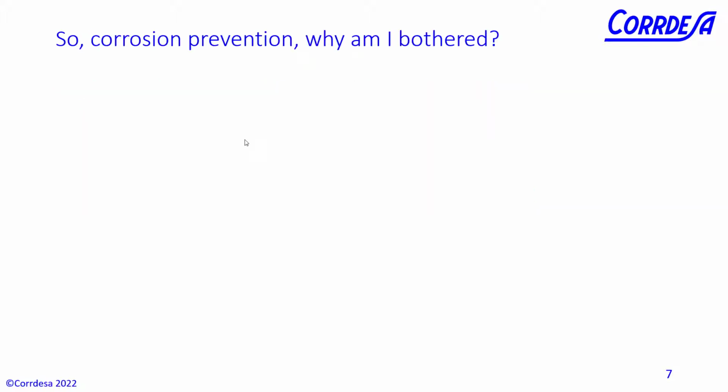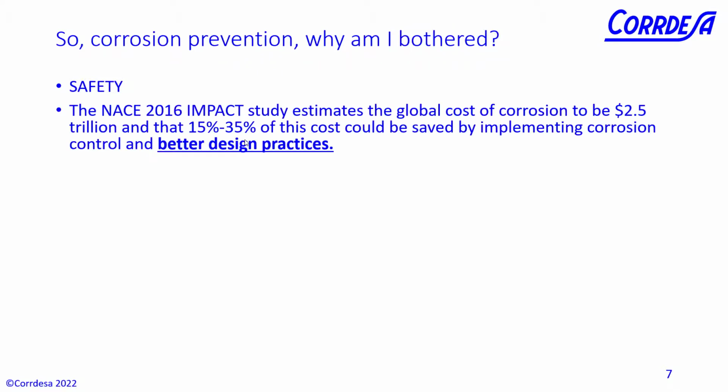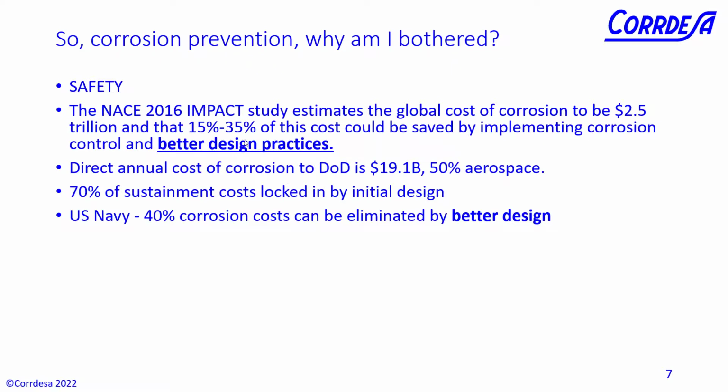So corrosion prevention, why am I bothered? Well, first of all, obviously, safety. We're all concerned about safety. But there are a few more bullet points that I like to mention. In particular, several studies have pointed to the benefit of having better tools available to improve design practices right from the get-go.